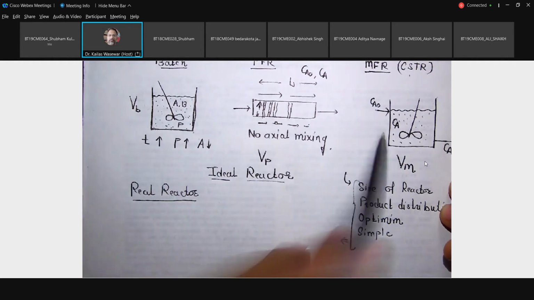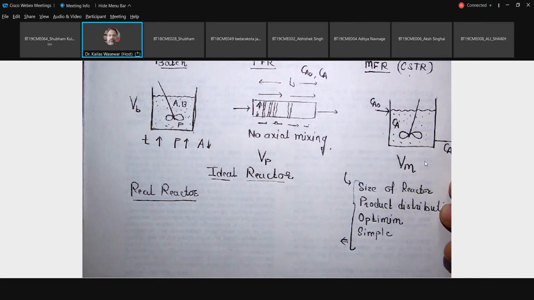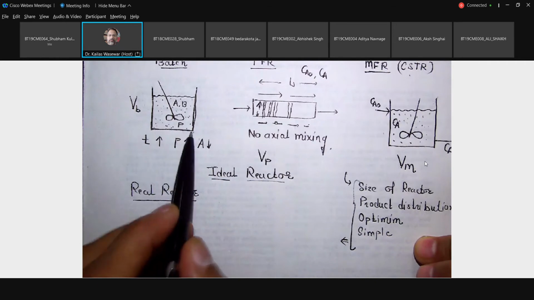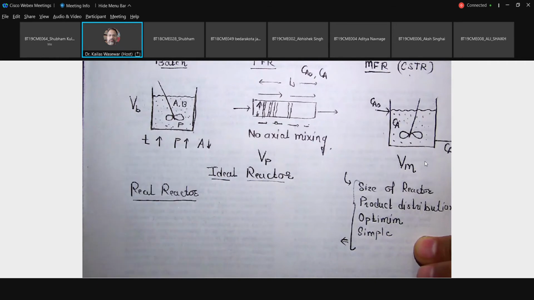And when we are actually performing the reaction there, I'm not getting the same conversion. So there may be the reason that there is a non-ideality. Definitely there will not be any problem from your side, but there may be non-ideality available in the reactor.